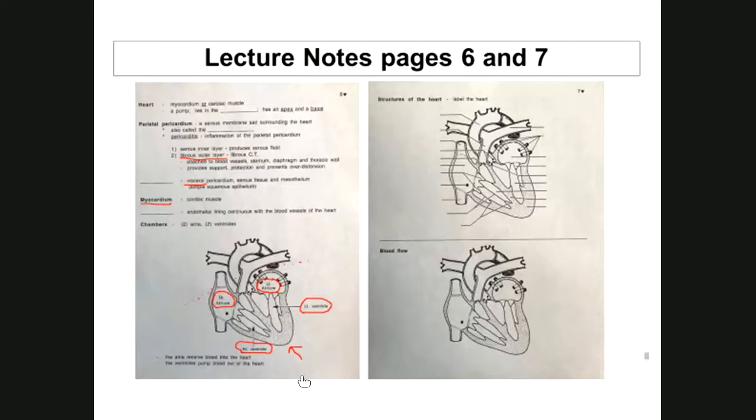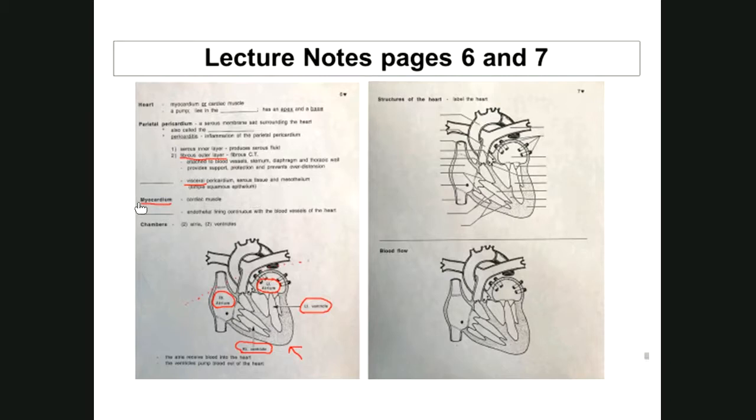So you see on your notes, epicardium, E-P-I-C-A-R-D-I-U-M, or visceral pericardium. It's on the surface of the heart, it's on the organ. Serous tissue and mesothelium. Simple squamous epithelium. Remember, the serous part is simple squamous epithelium.